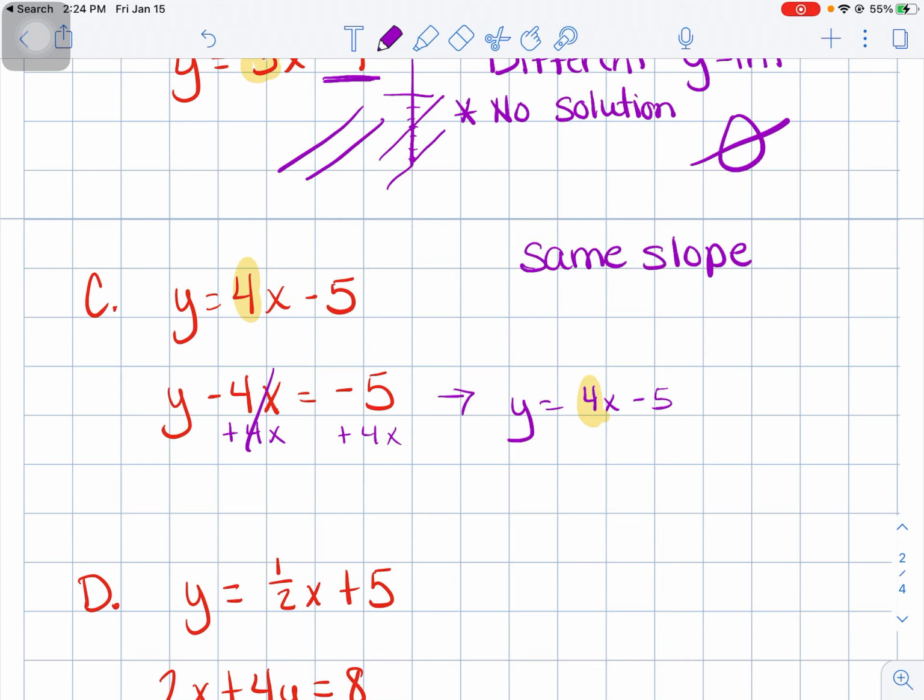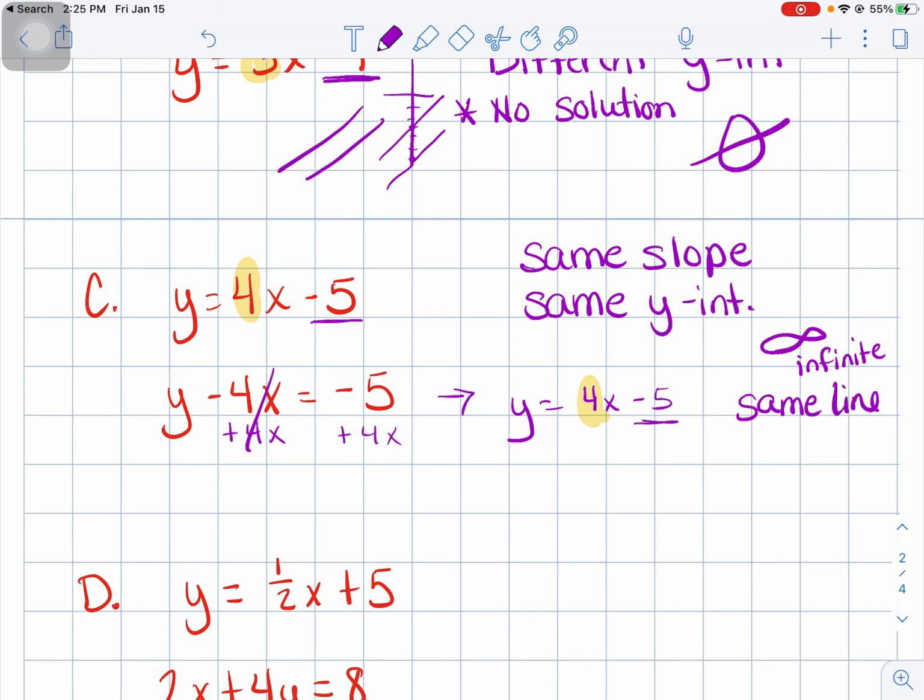And now look at your y-intercepts, a -5 and a -5. We have the same y-intercept. So these are actually infinite solutions, because when we graph these are exact same line. They're identical. So we have infinite solutions.